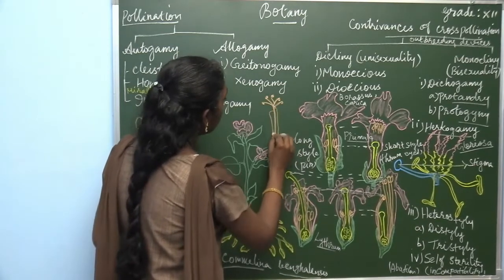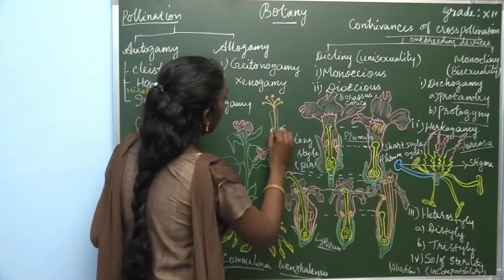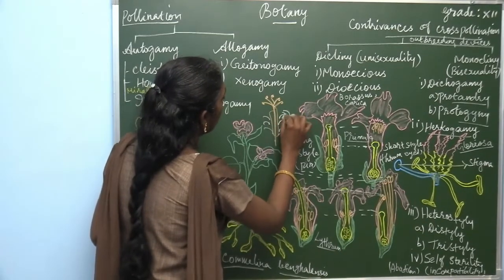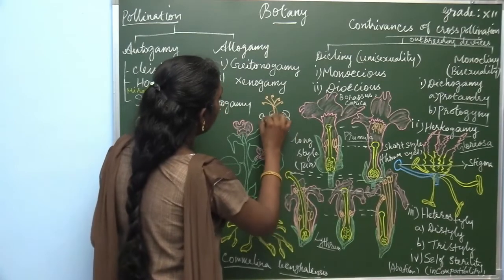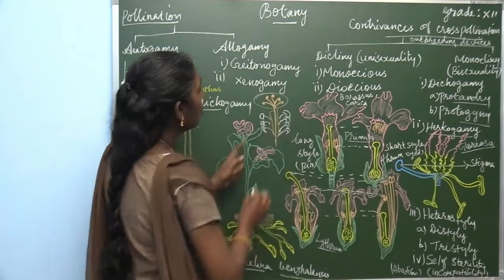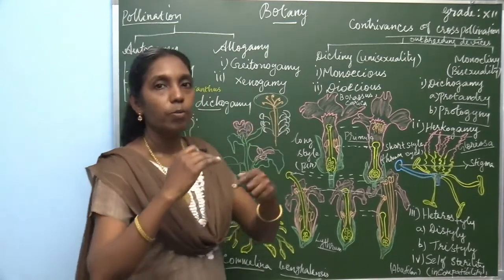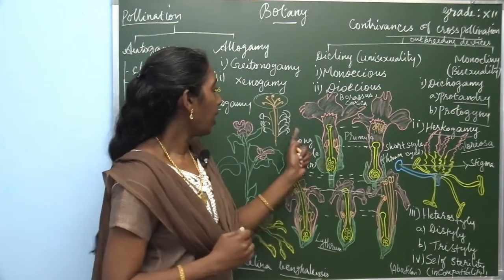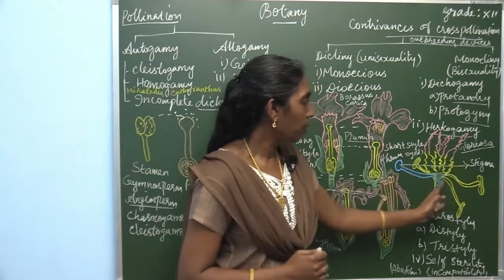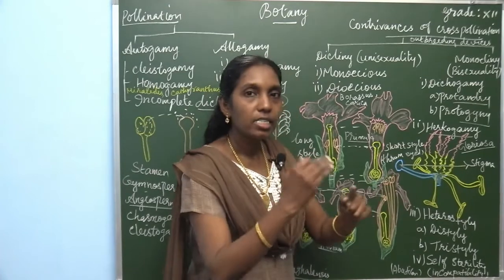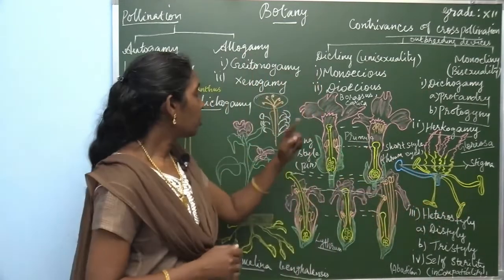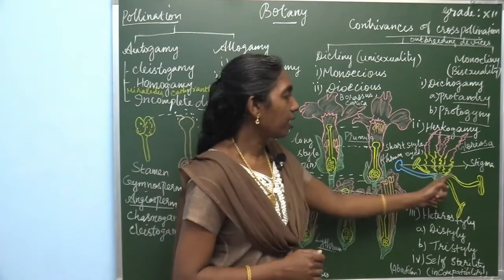Outside we may find the stamens. The stamens are present below, and the stigmatic region protrudes out of the anther. So in hibiscus and Gloriosa superba, the stigmatic surface is away from the androecium. These two are examples.